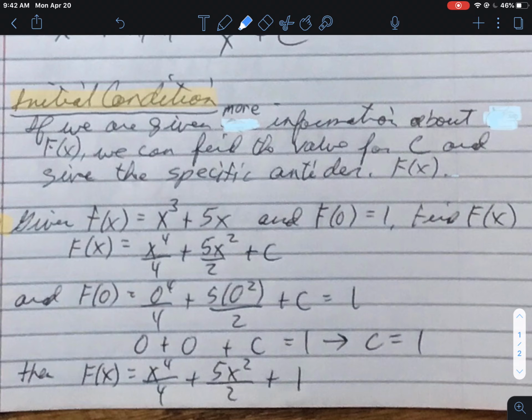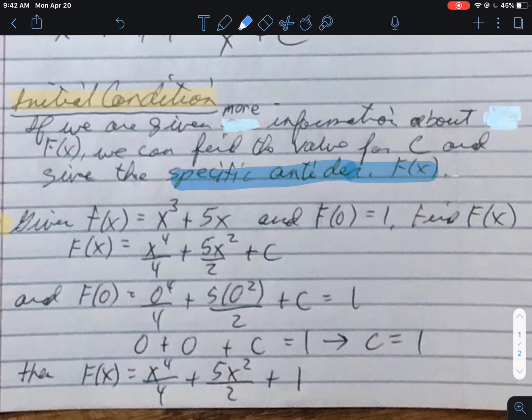Now, if we are given more information, if we have enough information though, we can find that constant under specific conditions. So we call these initial conditions if we're given information about cap F of x, our antiderivative, then we may be able to find the value for c and give the specific antiderivative, cap F of x.